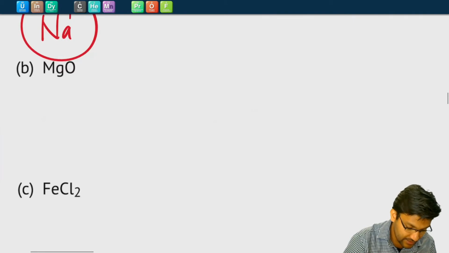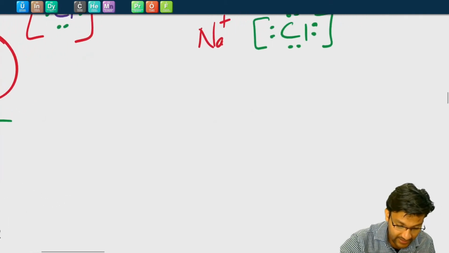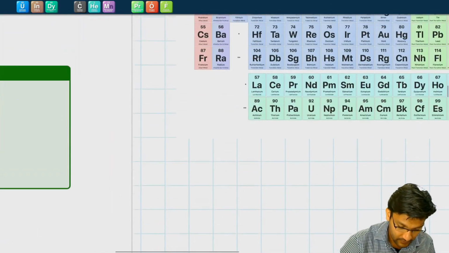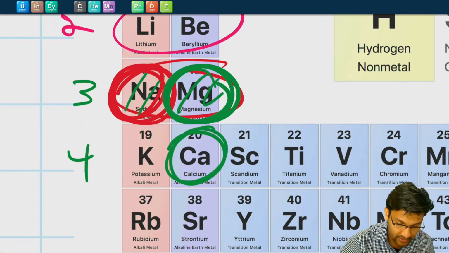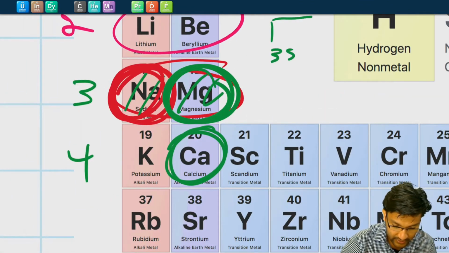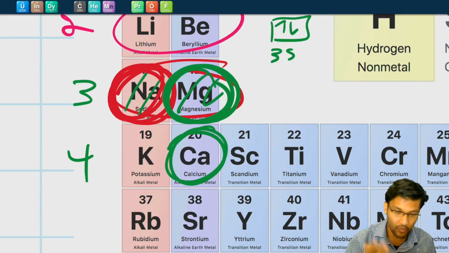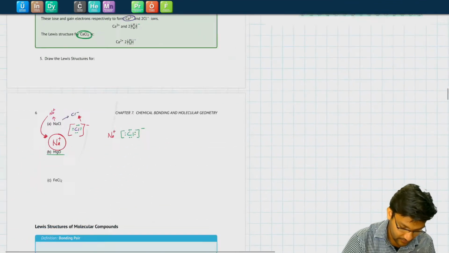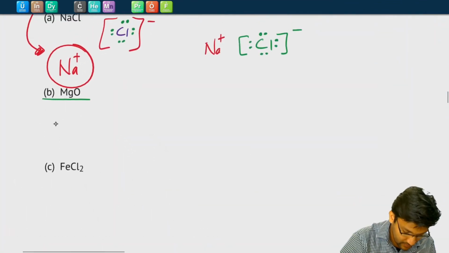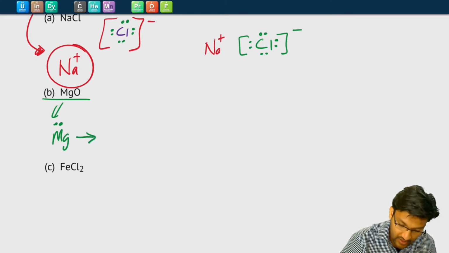Let's look at magnesium oxide. Magnesium is right next to sodium on the periodic table, so it'll have the 3s orbital with 2 electrons in it, and nothing else. So magnesium will have 1 pair of electrons there.